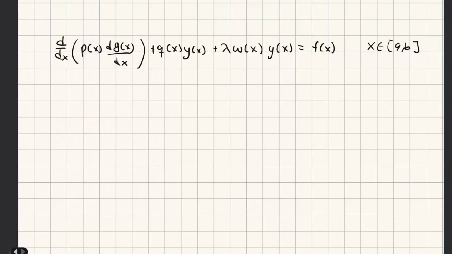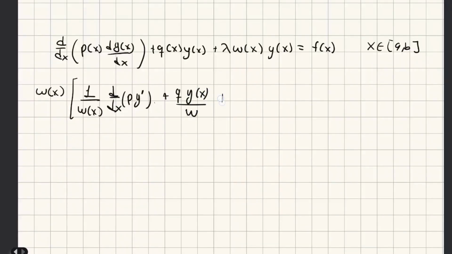Okay, so we are going to write this in another way to introduce the Sturm-Liouville operator. To do that, we are going to first factor w of x. So we will have w of x multiplying 1 over w of x times the derivative with respect to x of p y prime, and then plus q y of x divided by w, plus lambda y, equals f of x.